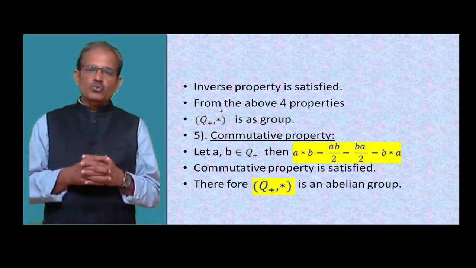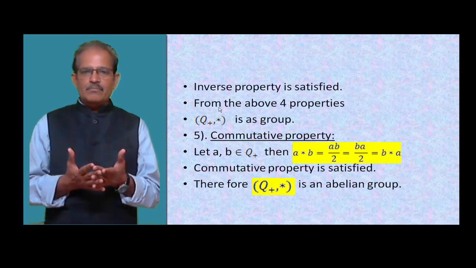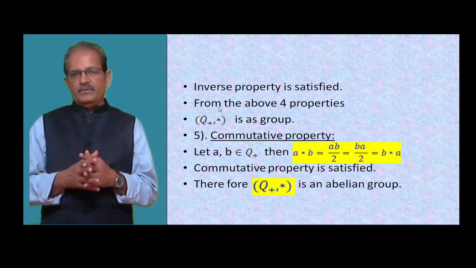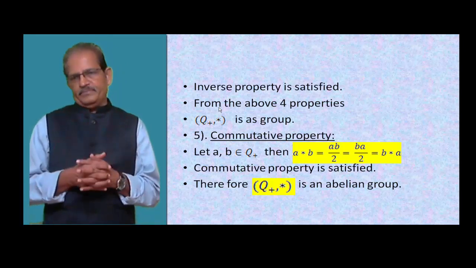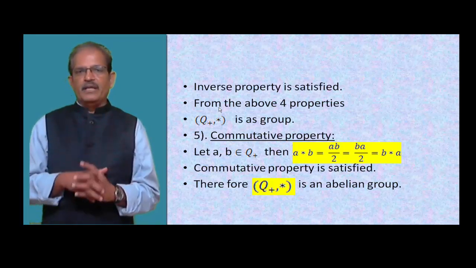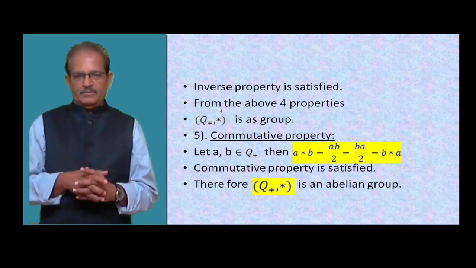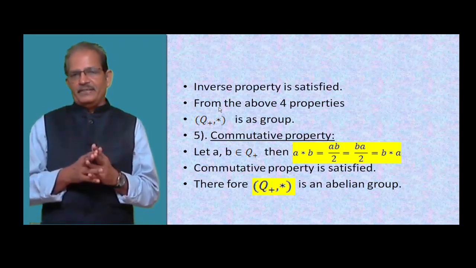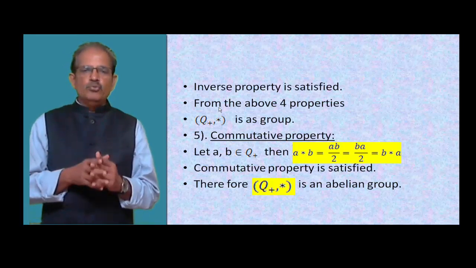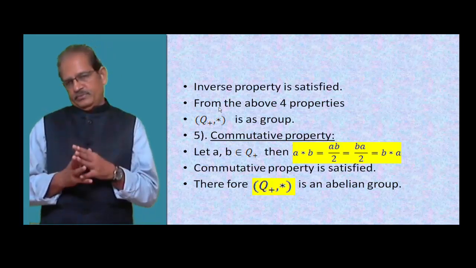But AB by 2, A and B are positive rational numbers, we can write it as BA by 2, because AB is equal to BA. But BA by 2 is nothing but B star A. So therefore, A star B is equal to B star A. The commutative property is satisfied. Therefore, Q plus star is an abelian group.